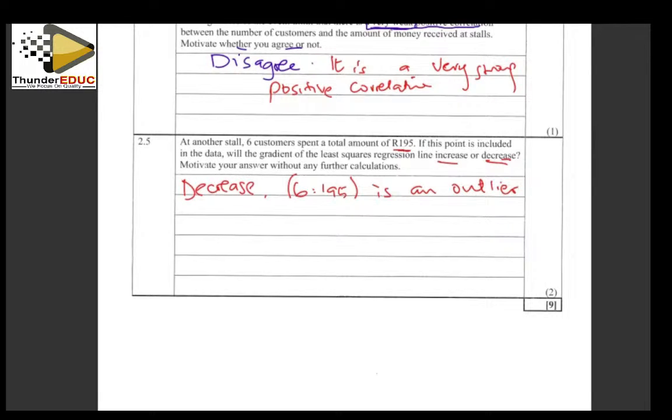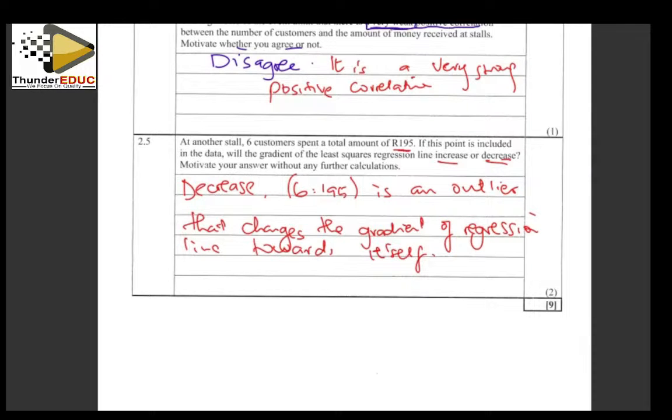This is an outlier that changes the gradient of the least squares or of the regression line towards itself.